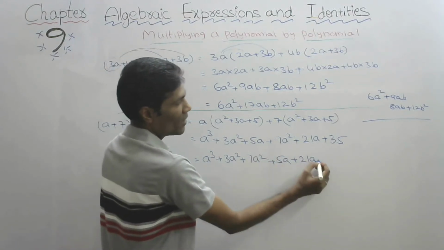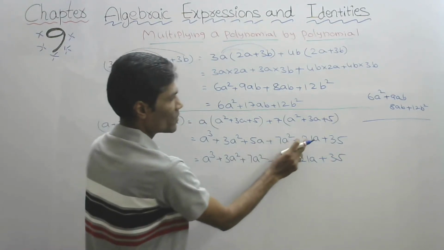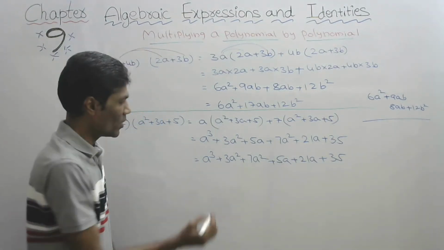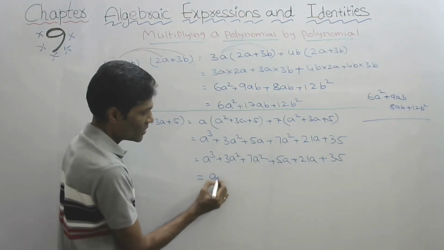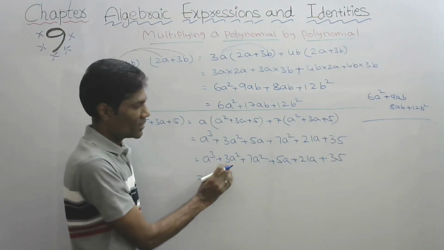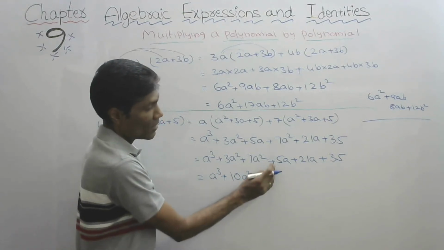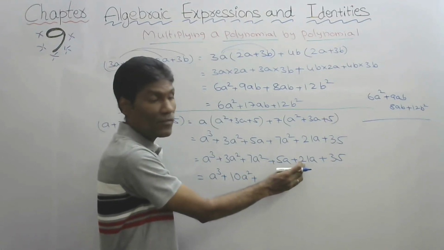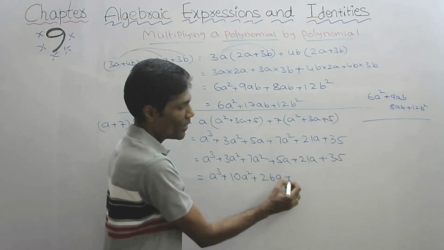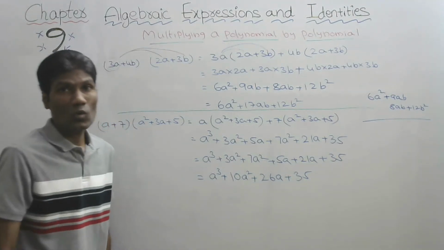Then constant 35. Got it. Now last step, a cube, 3a square plus 7a square, 3 plus 7, 10a square, 5a plus 21a, 5 plus 21, 26a plus 35.